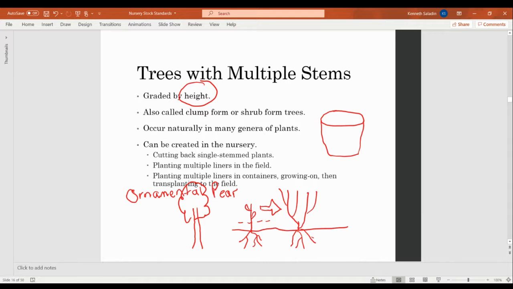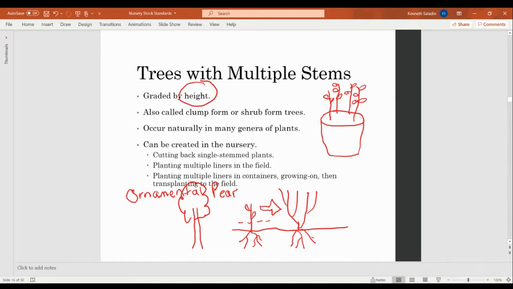Let's say that I want to grow a multi-stemmed birch tree. I could purchase liners of young birch seedlings, and I could plant maybe 3 or 4 of them together in a pot. So here's 1, here's 2, here's 3, here's 4. So there are 4 plants potted in the same pot, and there's some leaves.